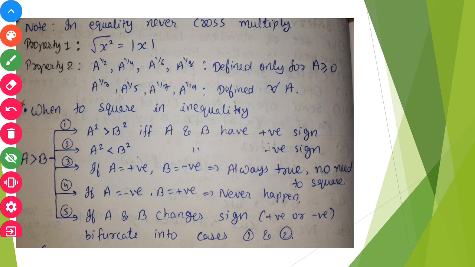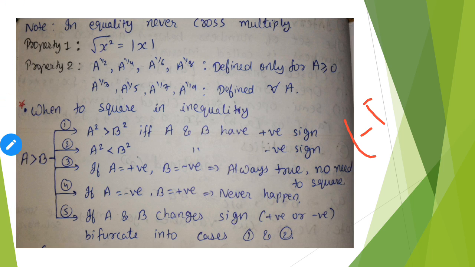For example, minus 1 raised to 1 by 3 is equal to minus 1. We know this. So this is defined for any value of a. It doesn't matter whether it is positive or negative, in both cases we will get an answer. So this was the second property.